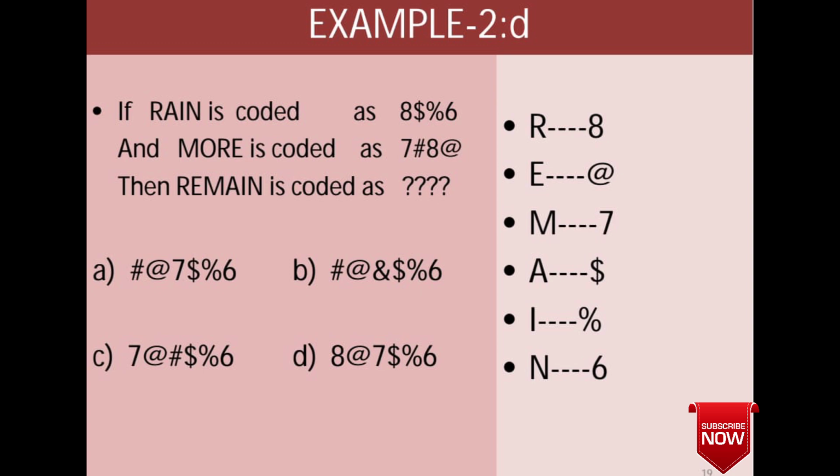So here you may observe clearly that R is coded as 8, A is coded as $, I is coded as %, and N is coded as 6.